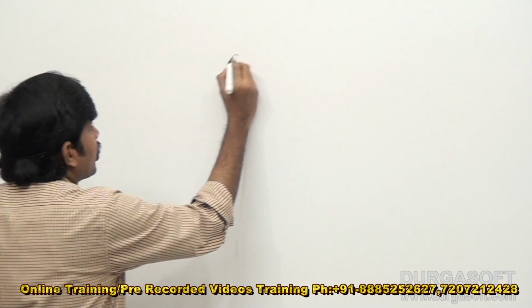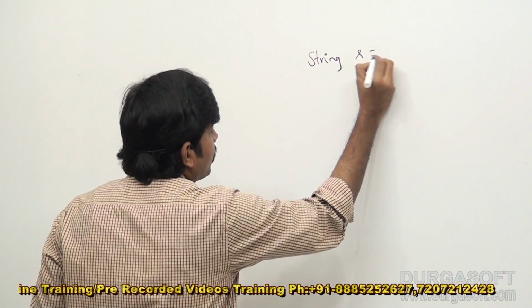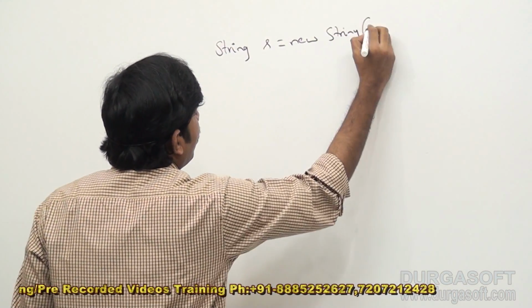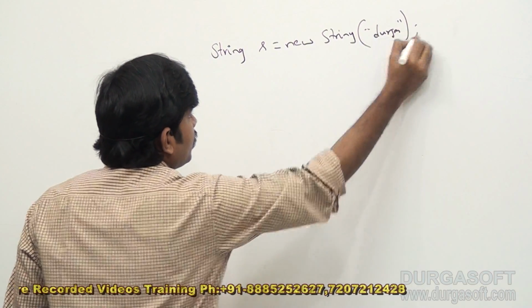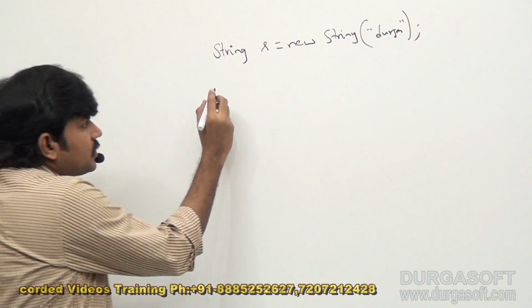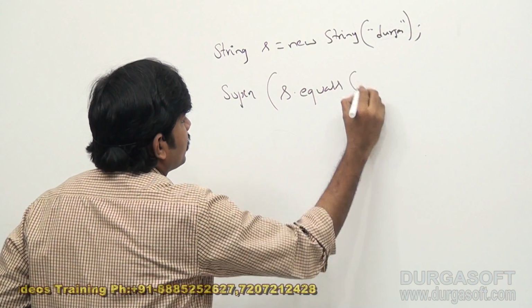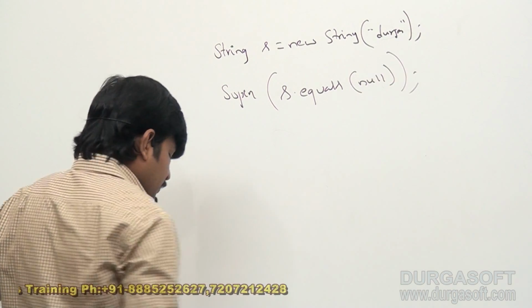Sir, just now we saw for any object reference r == null, what the behavior is. Suppose I use the equals method with a null argument, not the == operator, sir. String s = new String("Durga"); System.out.println(s.equals(null)). What will happen?